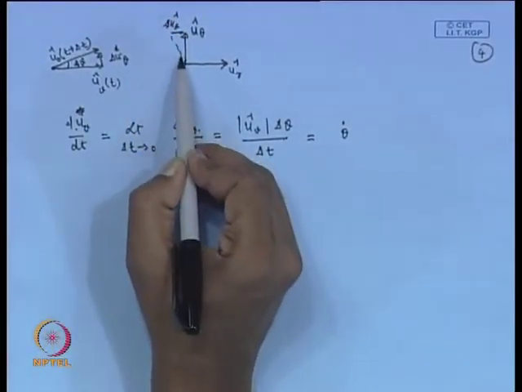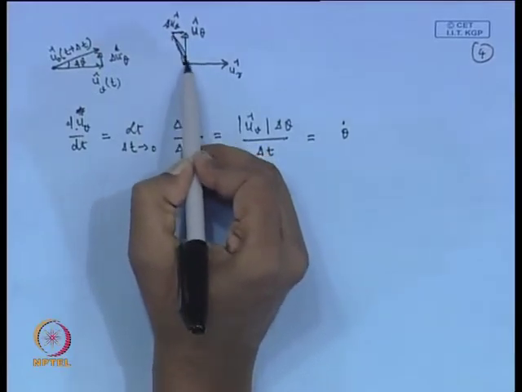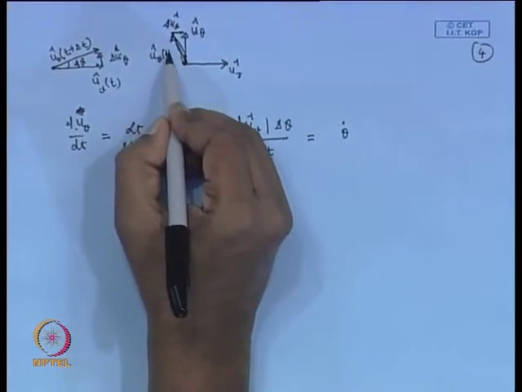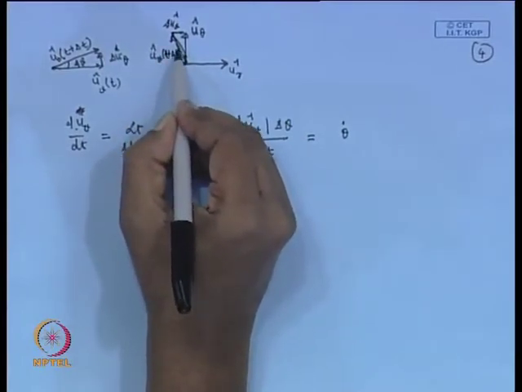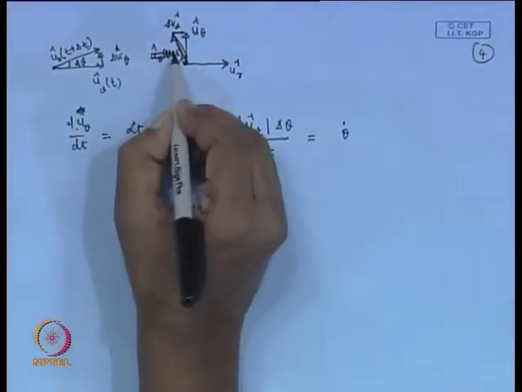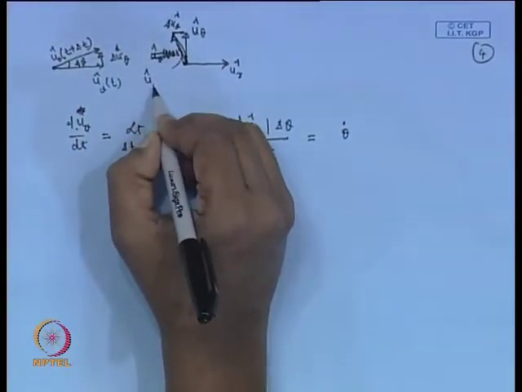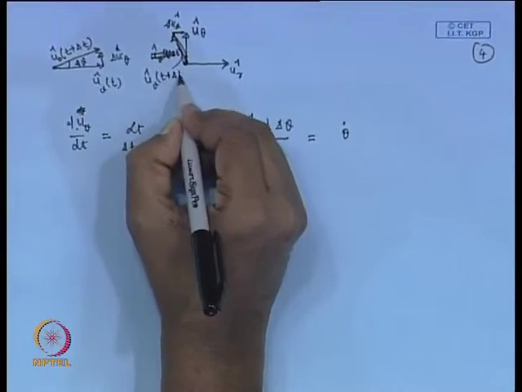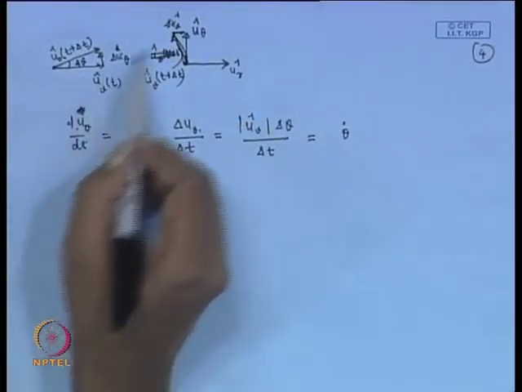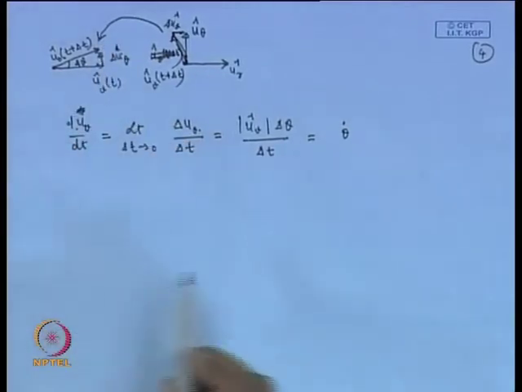So, this is your vector u theta cap at t plus delta t. This is the change which has been indicated here in this figure.